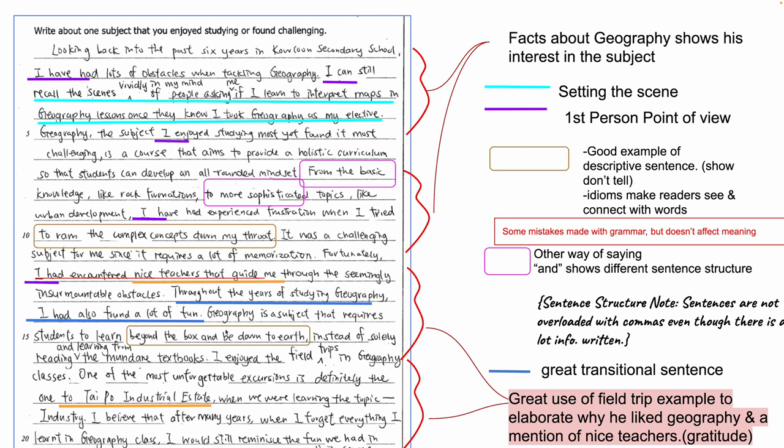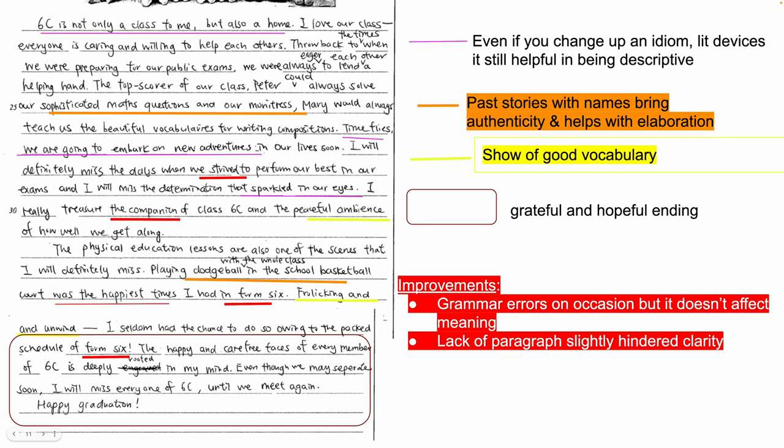"Throughout the years of studying geography, I had also found a lot of fun." So that really is a great segue into the next part. Okay, and then he noted some field trip examples to elaborate his interest in geography, and he mentioned nice teachers here too. So mentioning field trips and teachers really creates authenticity, some realness into the writing.